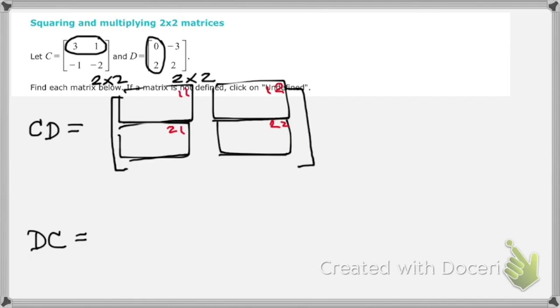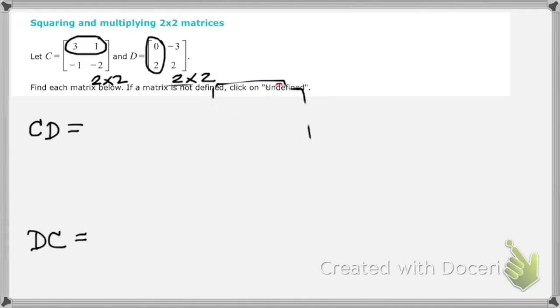I'm going to do 3 times 0 plus 1 times 2. I just need a lot of space for this whole thing, right? Let me go ahead and give myself a lot more space.